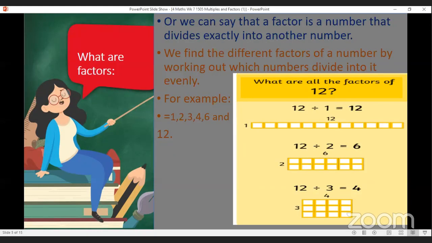And as we have seen, these ones, 1, 2, 3, 4, 6, and 12, they divide exactly into 12 and do not leave a remainder. So if you find yourself saying that 7 is a factor of 12, and I say 12 divided by 7, I get 1, remainder 5. So it cannot be a factor. If it leaves a remainder, then it is not a factor of that number.